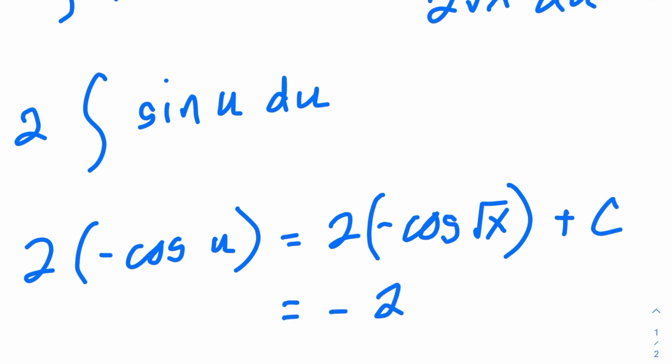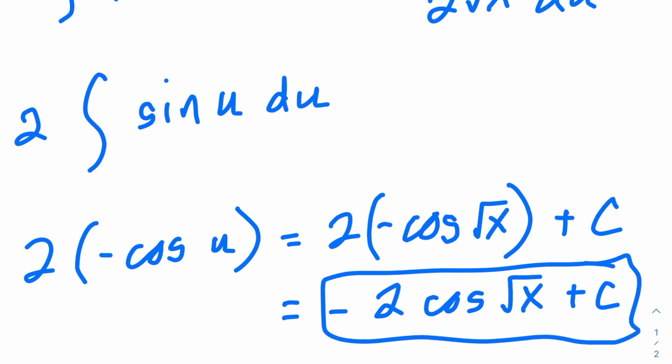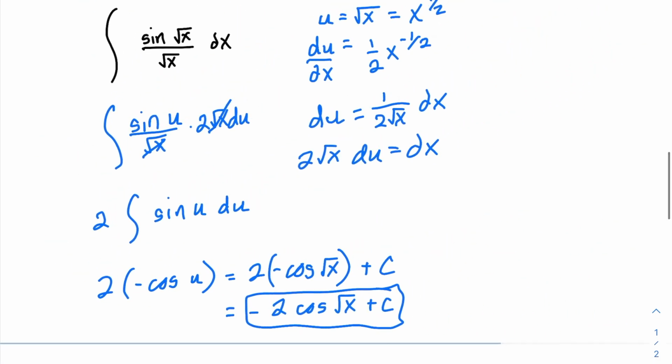And we'll probably see this written out in final form with the negative out front of the coefficient. So negative 2 cosine root x plus c is the final form of our indefinite integral of sine root x over root x dx. So those are 3 examples of different ways that we'll see the application of U substitution.